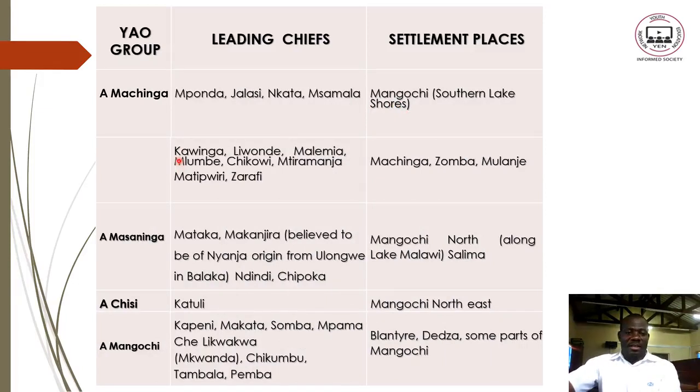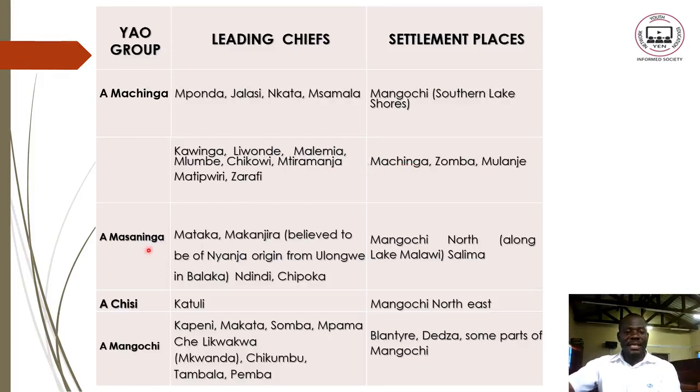They also had other leaders of the Machinga Yao: the Kawinga, Liwonde, Malemya, Mlumbe, Chikowi, Tiramanja, Matibwiri, and Zarafi. All these were some of the leaders of the Machinga Yao. And they also settled in Machinga, Zomba, and Mulanje.